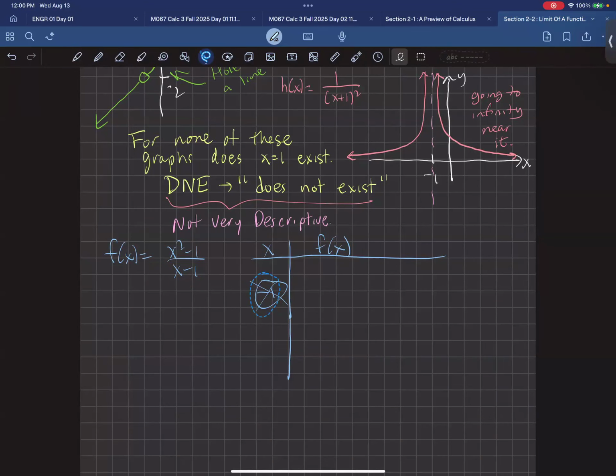But I could do values like -1.5, -1.1, -0.9, -0.5. That should be a plus right there.